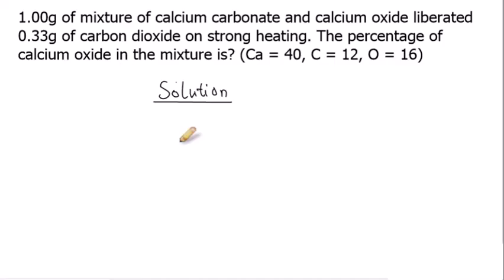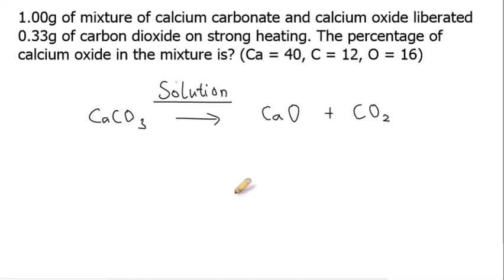So in the chemical equation we'll be writing now, we have calcium carbonate, CaCO3, decomposing to give calcium oxide, CaO, and carbon dioxide, CO2. Let's see if this is balanced.